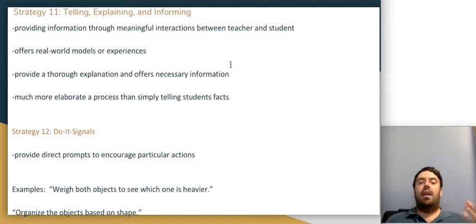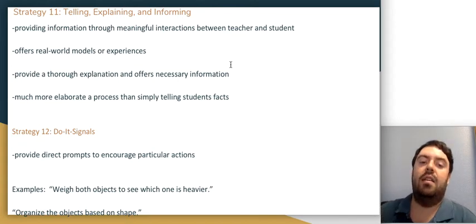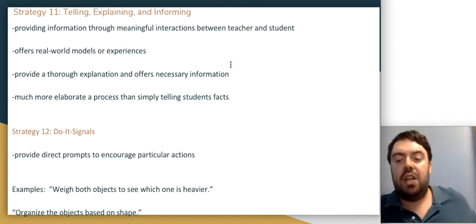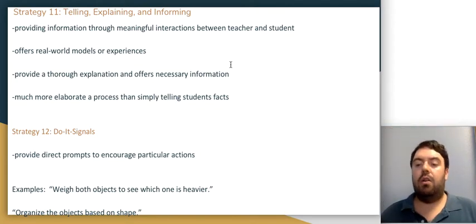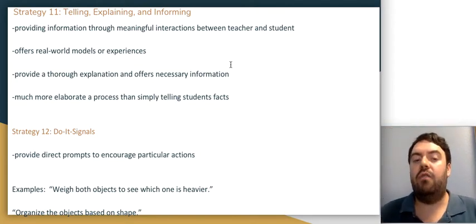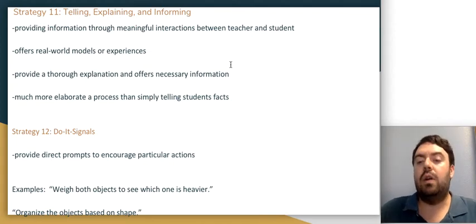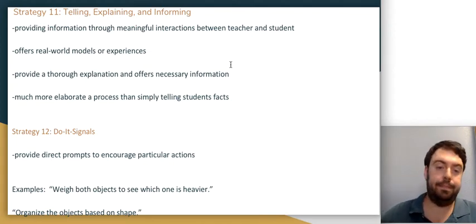Students are seeing real-world examples, real-world models, and experiencing the learning firsthand. The teacher is providing any necessary information, but also allowing students to try out the information on their own and to elaborate on the process.